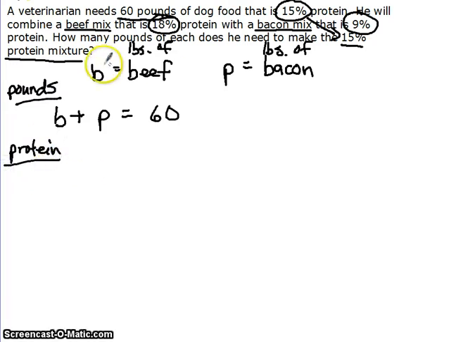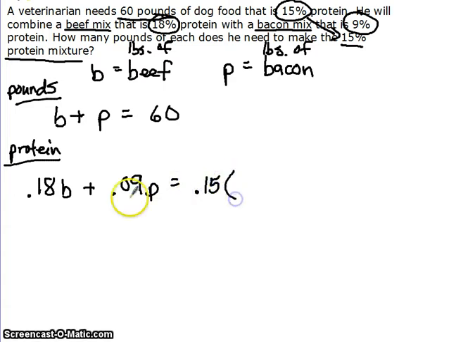So I need to multiply the pounds of beef by 18%. Remember, with percents, we move the decimal 2 places to the left, so it's 0.18B plus 0.09P, and that's got to equal 0.15 times the pounds of total dog food, which is 60.